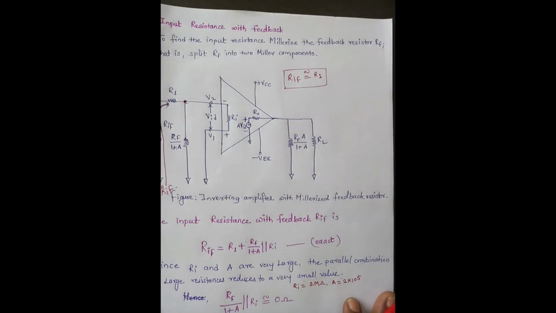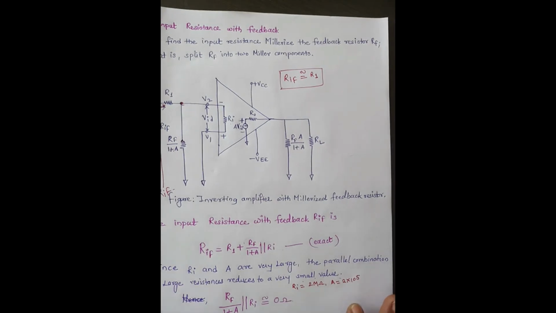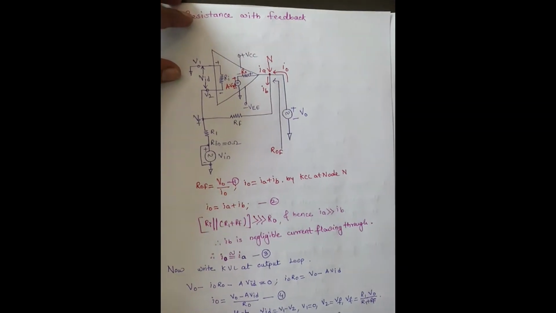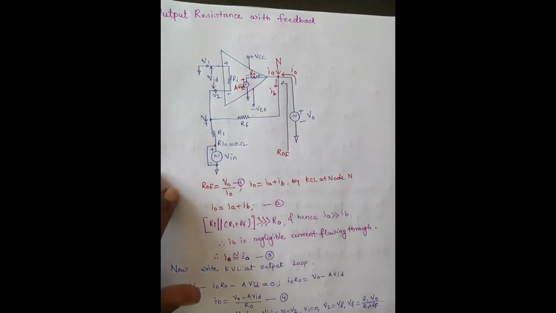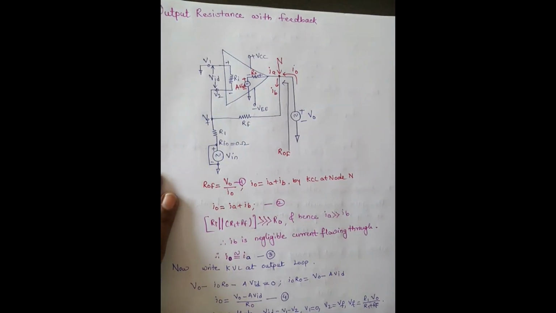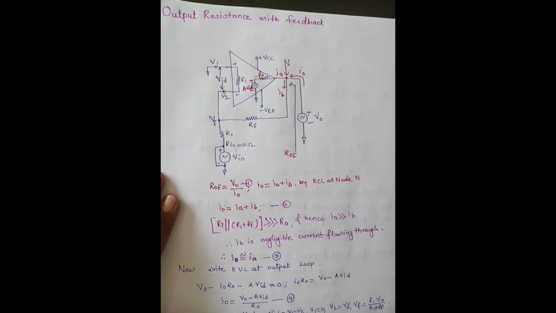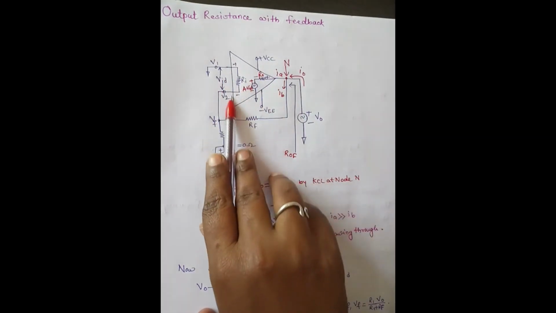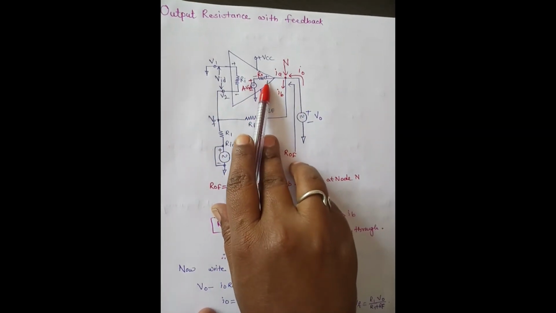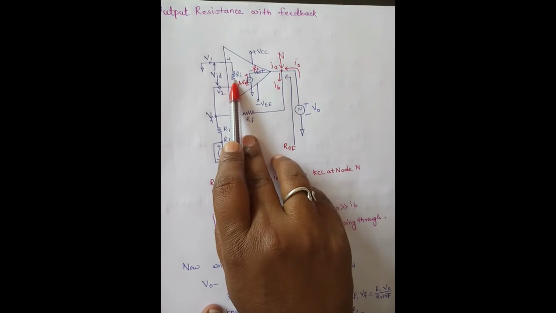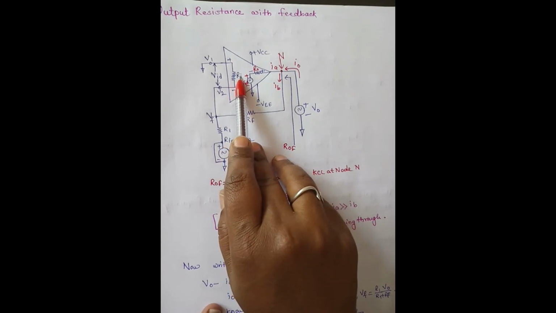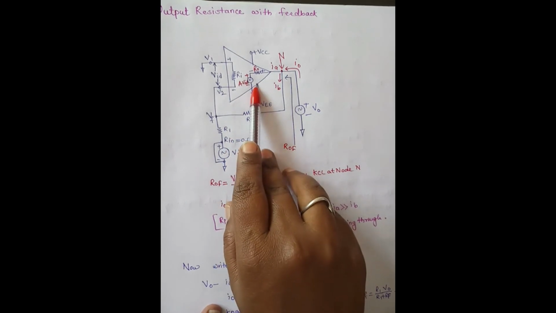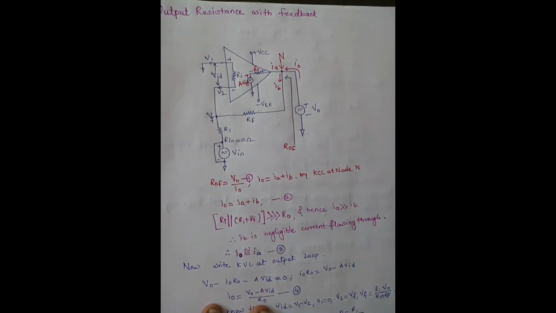The next parameter that we want to find out for the voltage shunt feedback amplifier is output resistance with feedback. To find the output resistance, we have again redrawn the equivalent circuit of the operational amplifier, which has input resistance Ri, open loop output resistance, and Thevenin's equivalent source. Now what is output resistance?